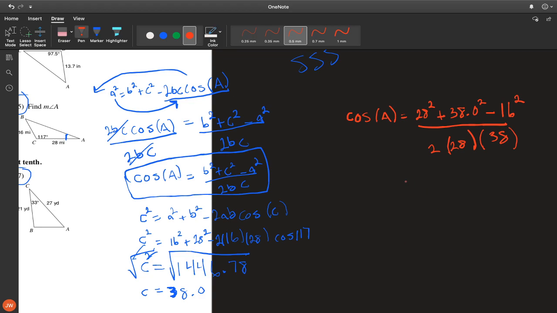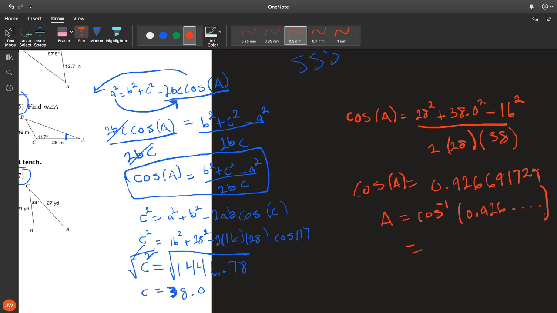Okay, so this is equal to 0.926691729, and cosine A equal. Alright, so we want to find A, not cosine A, so we're going to move over cosine. So cos inverse of 0.926.